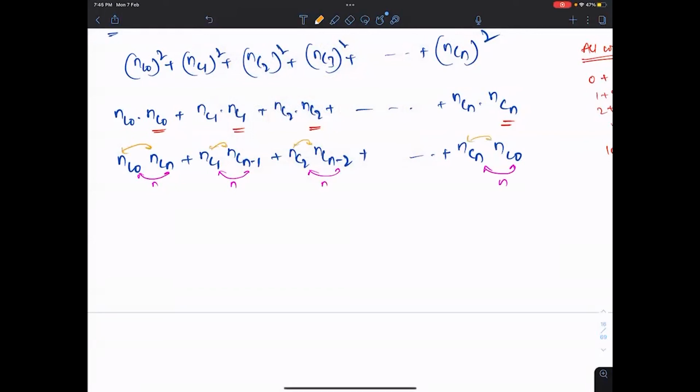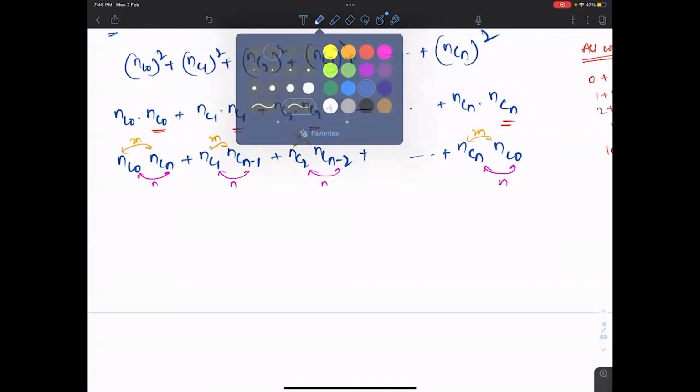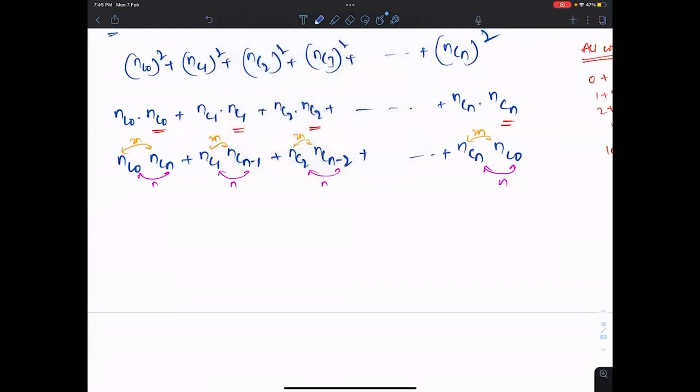Now, only one thing you need to make sure: are all combinations of n there? Yes, because two numbers added to get n means 0 plus n, 1 plus n minus 1, up to n plus 0. All are there. So finally the answer will be, upper sum 2n, bottom sum n, so 2nCn is the answer.